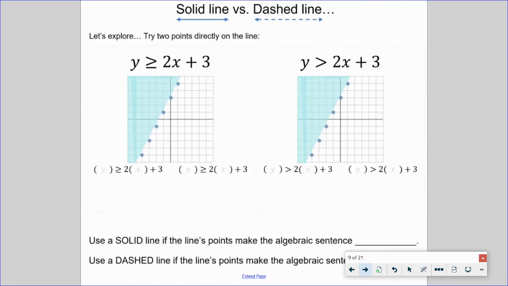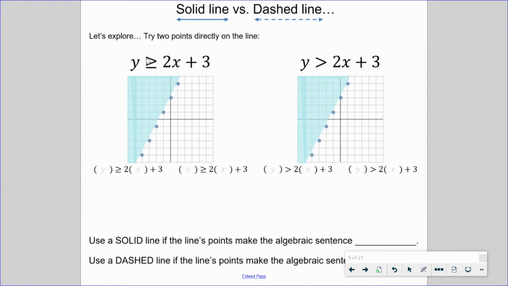Now, there will be a time when we will use a solid line, and there will also be a time when we'll use a dashed line. The question is, when will we use each? So let's explore this. Both of these have an inequality symbol of greater than. So it might come as no surprise that they will share a region of solutions.